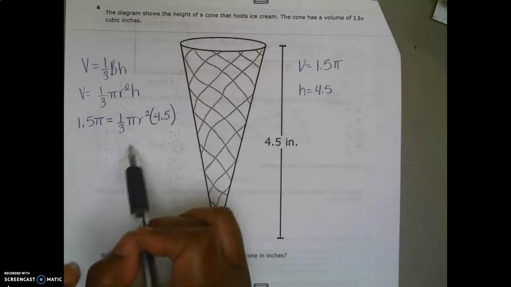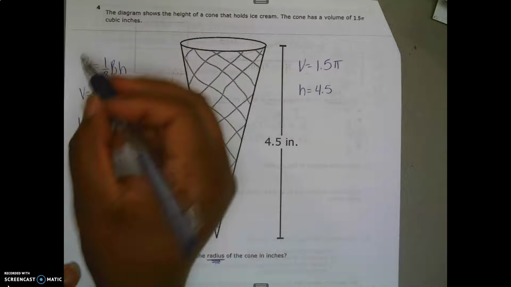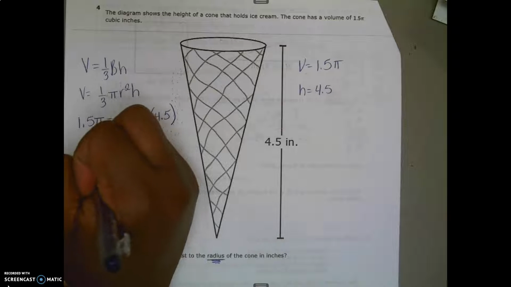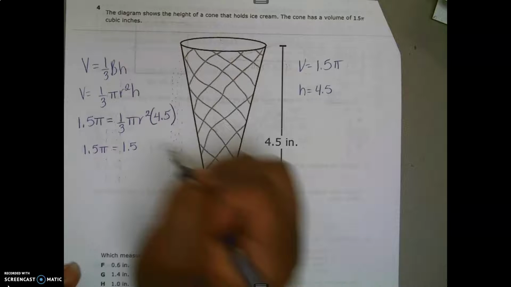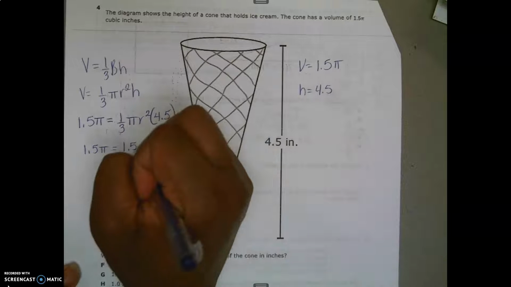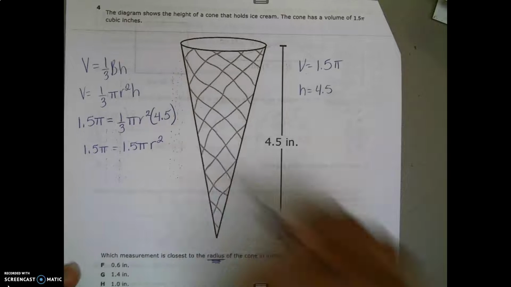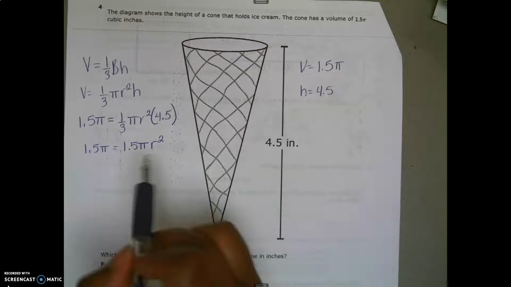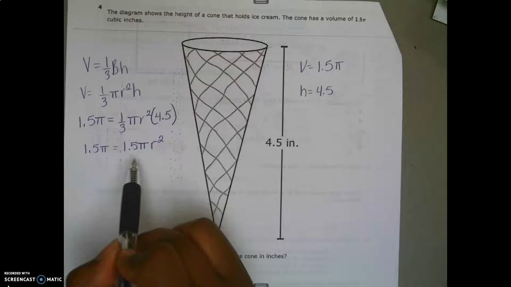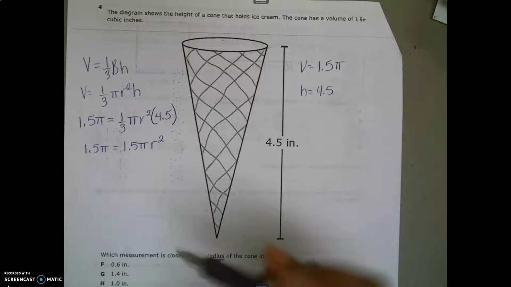Then I am going to multiply my two numbers here. So when I multiply that, I get 1.5. So 1/3 times 4.5 is 1.5. So you have 1.5 pi times radius squared. Okay? So pi is a number. So just like in any other equation, we are going to divide by our coefficient.